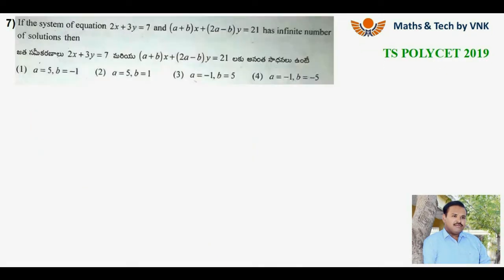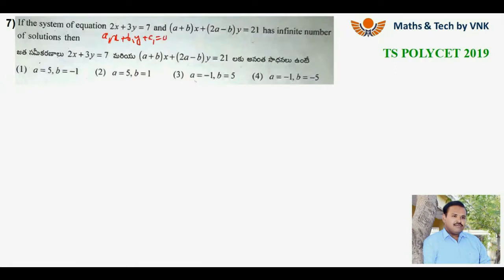Next question is, if the system of equations 2x plus 3y is equal to 7 and a plus b x plus 2a minus b y is equal to 21 has an infinite number of solutions, then find a and b values. Compare the given first equation with a1x plus b1y plus c1 is equal to 0.